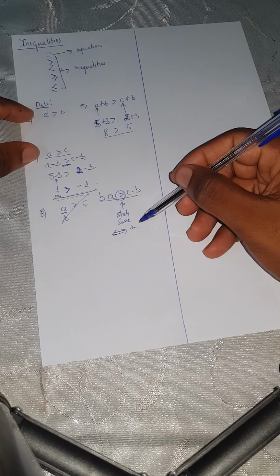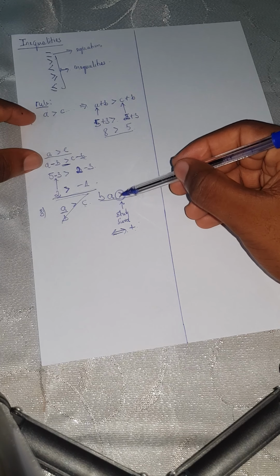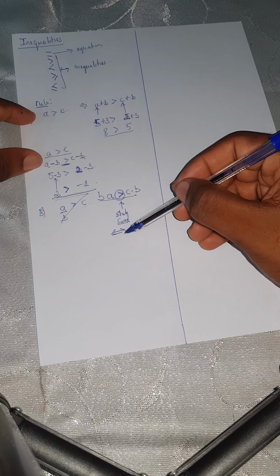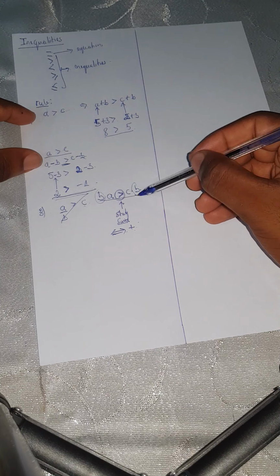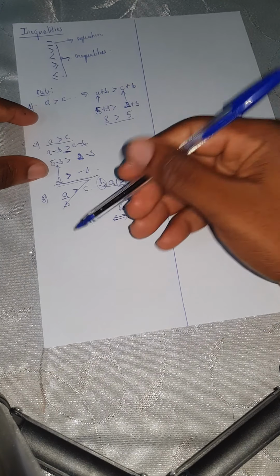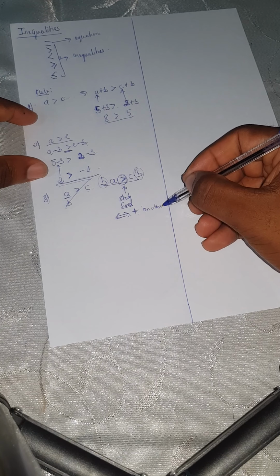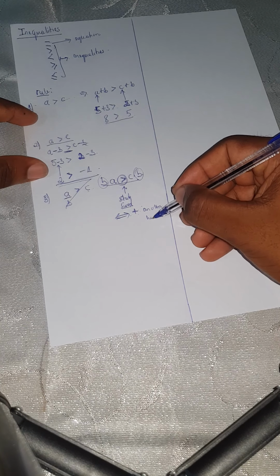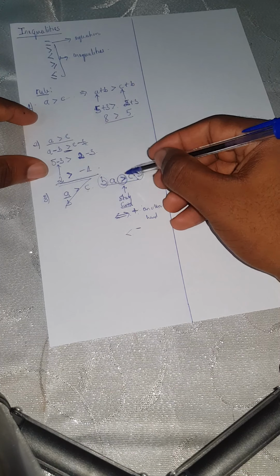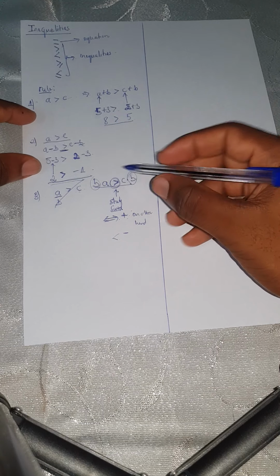That's the third rule. The position of the inequality will stay the same if and only if the value I'm multiplying both sides of the inequality by is positive. On the other hand, if it is negative, then you change the position of the inequality to less than in this case.